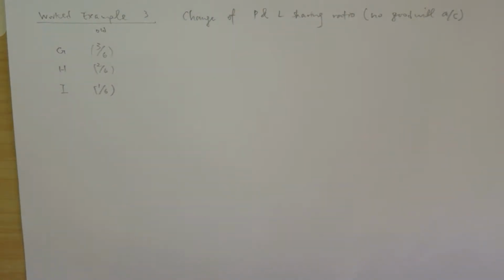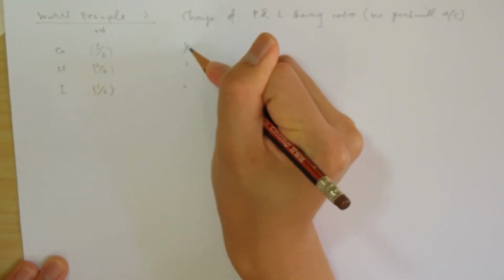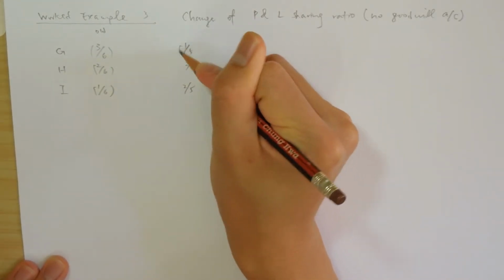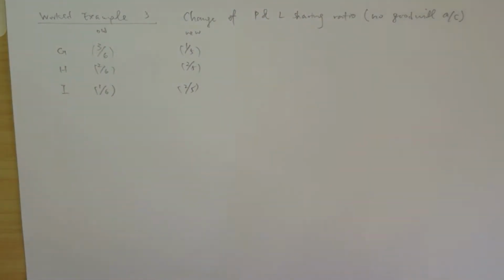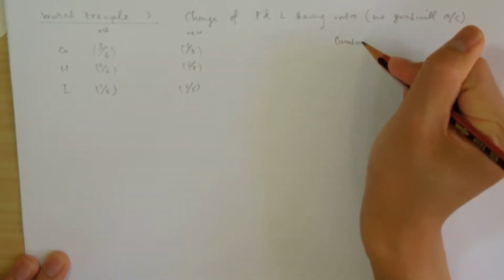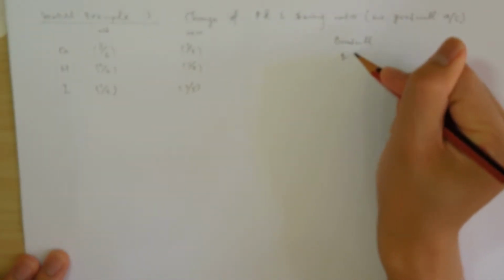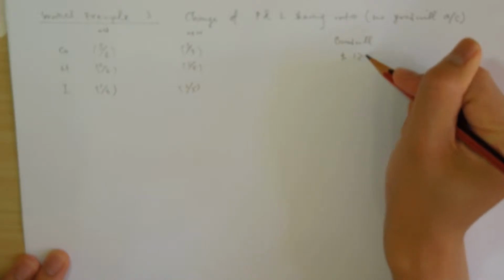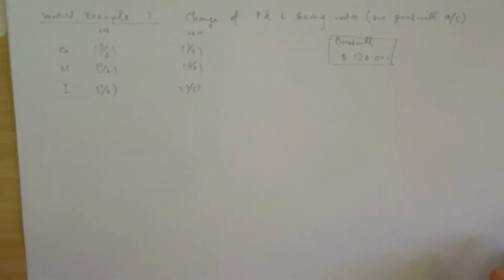And next, on 28 July 20X5, they changed their profit and loss sharing ratio to 1 to 2 to 2, so 1/5, 2/5 and 2/5. The new one. And the goodwill value is 120,000.